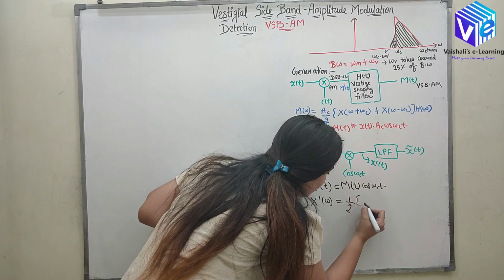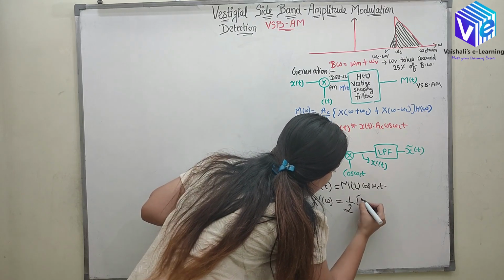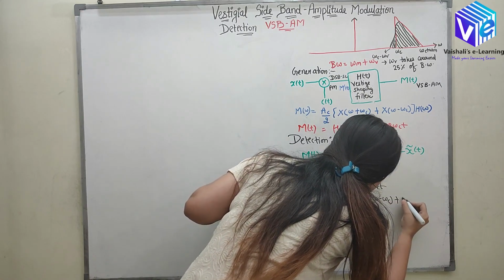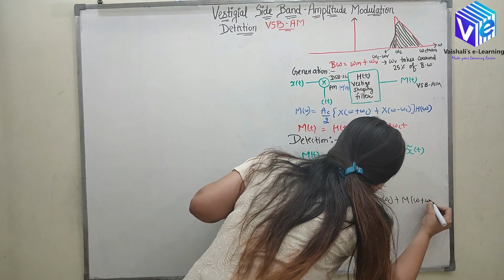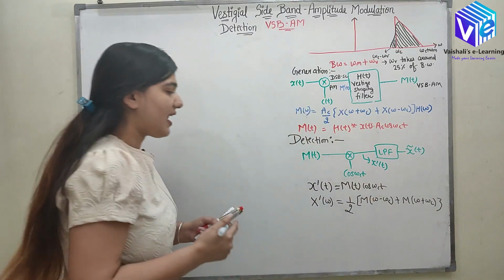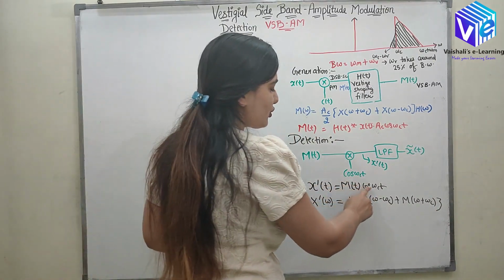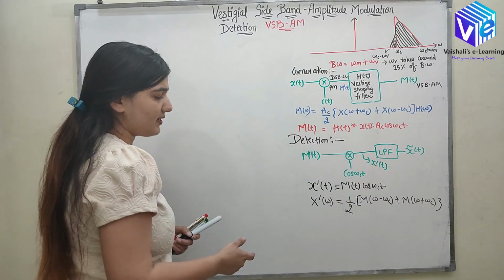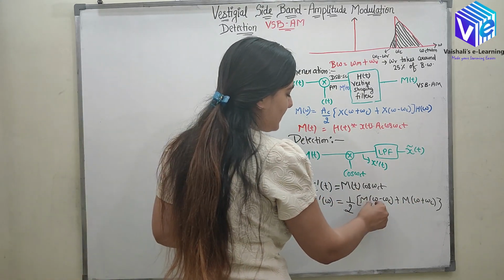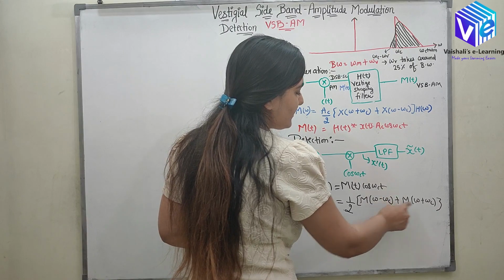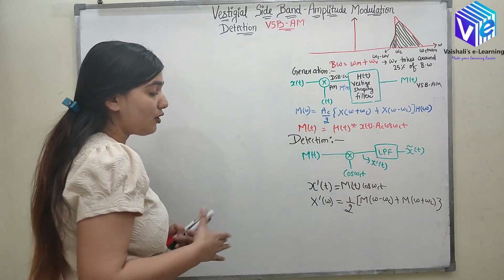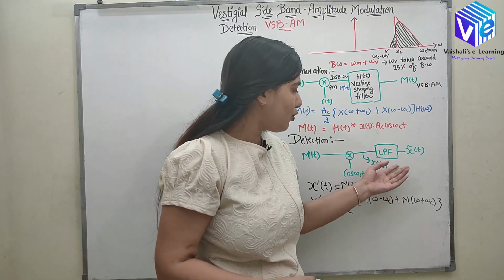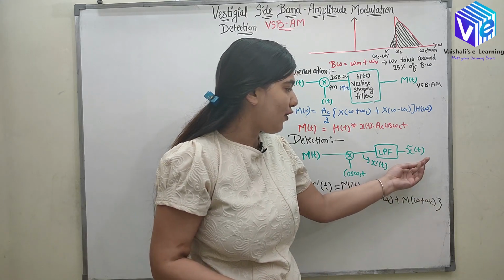I know this Fourier transform: it would be half of [M(ω−ωc) + M(ω+ωc)]. Just because of the carrier, m(t) shifts to the frequencies ωc and −ωc. So I just shifted this m(t) to the frequencies ωc and −ωc. Now I need to find this x'(ω) and pass it through the low pass filter. I'll get the estimate of x(t).